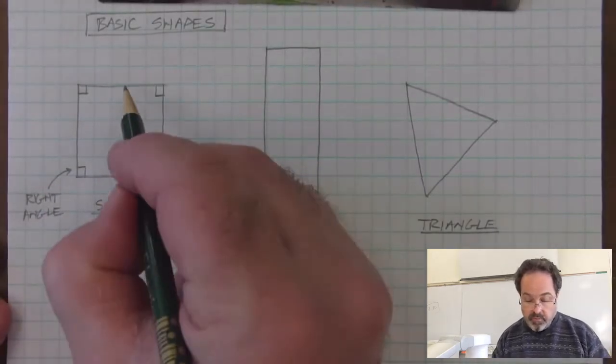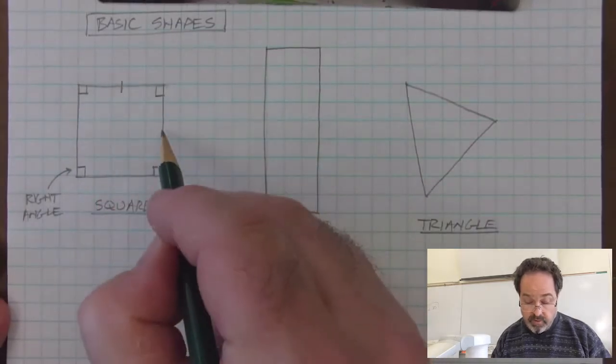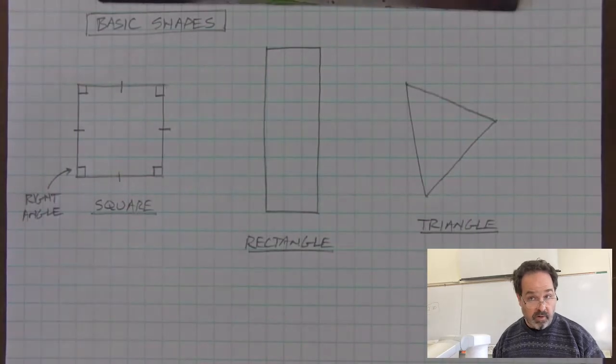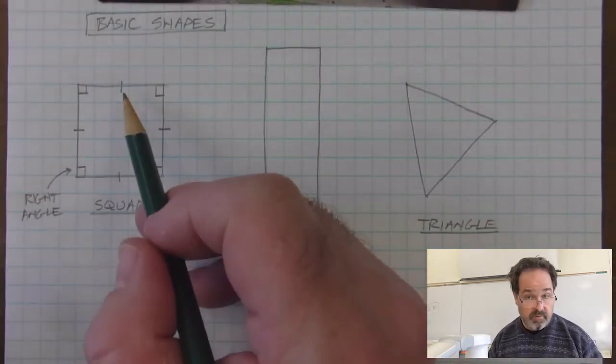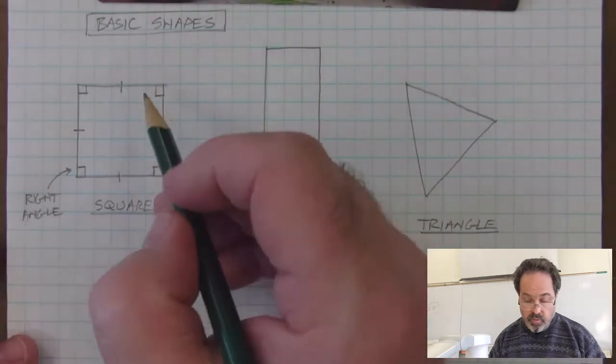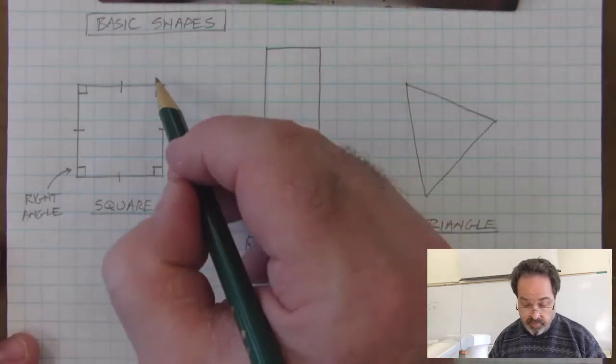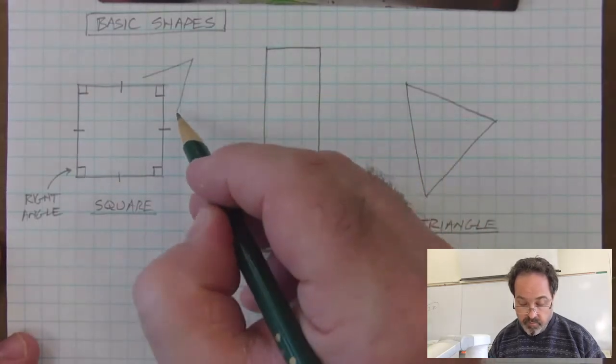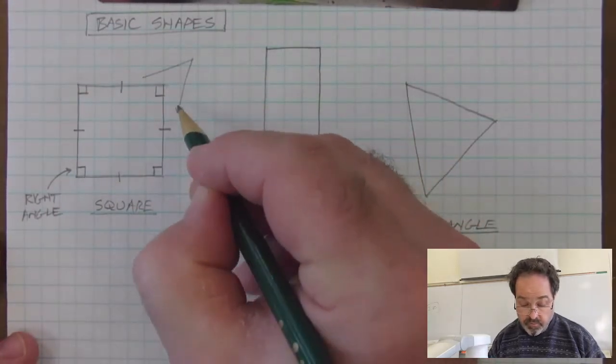A square also has 4 equal sides. It doesn't matter what the measure of the sides are, as long as all 4 sides have the same measure. And to show that by notation, we use tick marks on the side. When we use the same number of tick marks, then it means that the sides with the same number of tick marks are equal to each other.